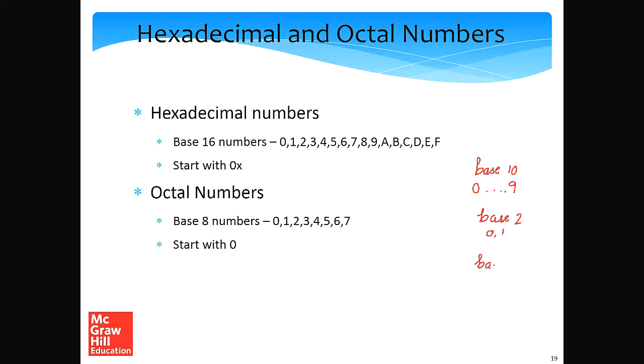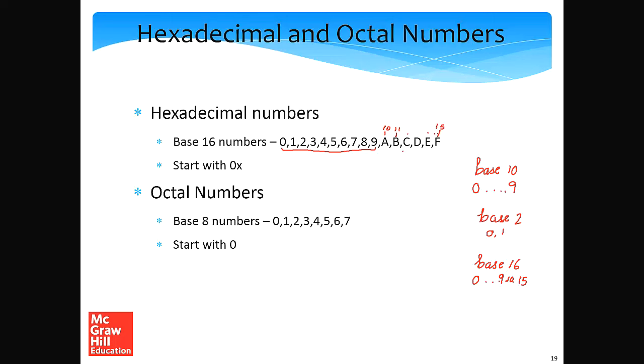In base 16, we need to have 16 digits, from 0 to 15. But the problem is that till 9 we have digits defined, but beyond that we don't. So what we do is use the set from 0 to 9, and then say that A represents 10 in decimal, B represents 11, and in the same vein, F represents 15.